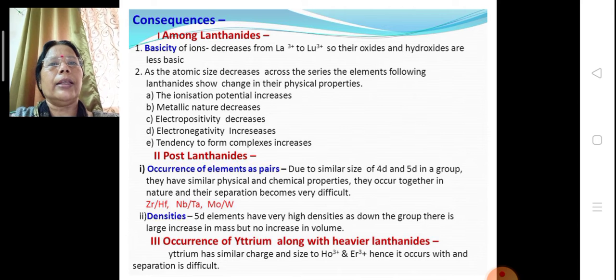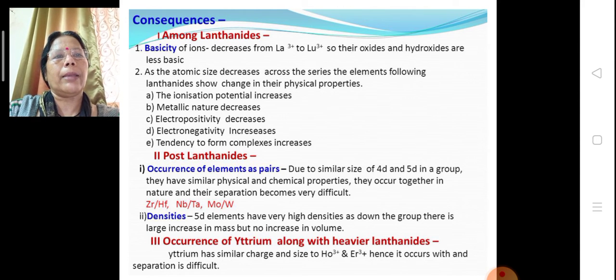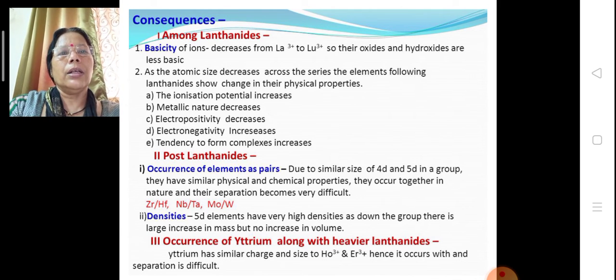Post lanthanides, elements occur as pairs due to the similar size of 4d and 5d elements in a group. They have similar physical and chemical properties, occur together in nature, and their separation becomes very difficult. Examples are zirconium and hafnium, niobium and tantalum, molybdenum and tungsten. The 5d elements have very high densities, as down the group there is a large increase in mass but no increase in volume.